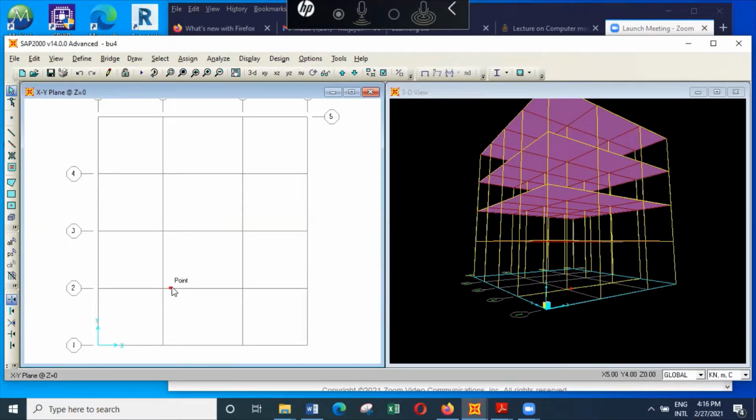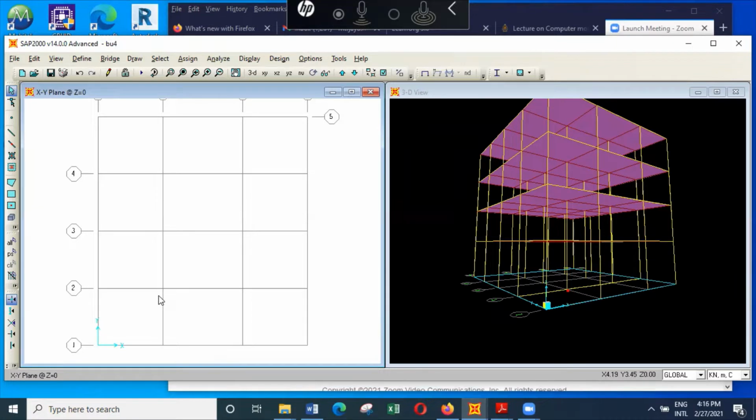So I can just check the coordinates. Here you can see the coordinates appearing 0.5, 1, 1.5, 2, and here you get 4.5, 5, 5.5. It goes on like that.